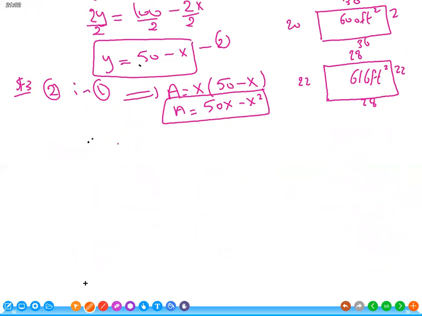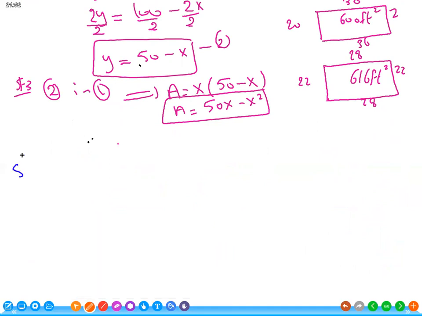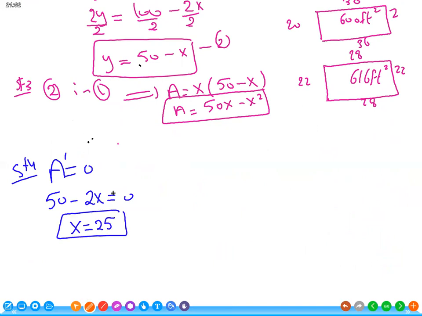Step 4. Now I want to find the critical point. Derivative equals 0. So 50 minus 2x equals 0. Solve, so x equals 25. Because x represents a length, it cannot be negative.